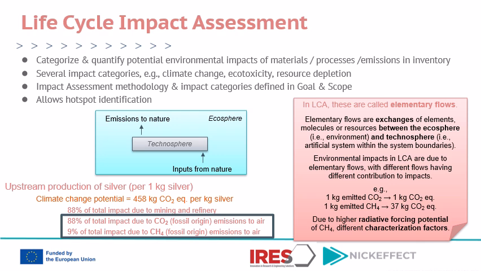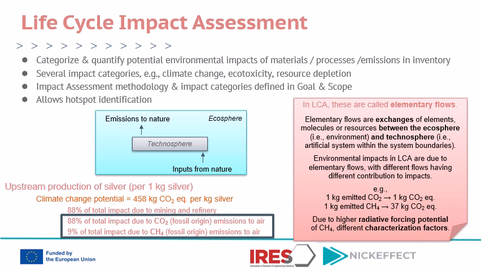specifically for the climate change potential that we are discussing here in this specific impact assessment method that I'm showing you, 1 kilogram of carbon dioxide emitted to the environment corresponds to 1 kilogram of carbon dioxide equivalents. That makes sense. But 1 kilogram of methane emitted corresponds to 37 kilograms of CO2 equivalents.